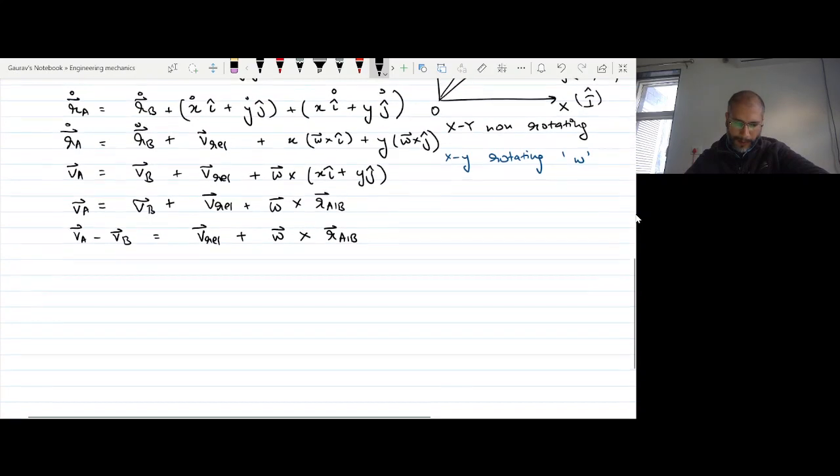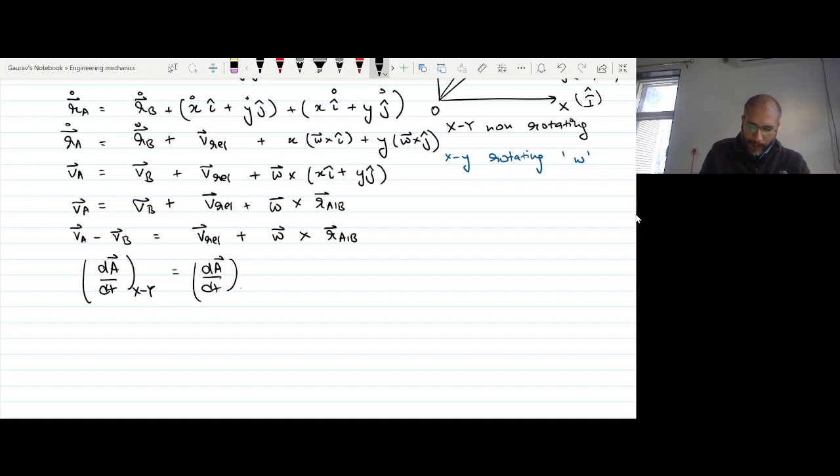So in general we can write dA by dt, where A is a vector in the capital XY frame, that's the fixed frame, is equal to dA by dt from the small xy frame, that's a rotating frame, plus omega cross A. That exactly is what this is. In this case the vector A is a relative vector joining from B to A. Okay, so this was velocity.